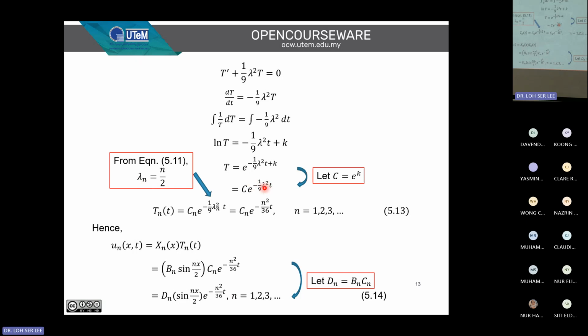So when this is lambda n, c will be cn, t will be tn. So you have tn equals cn, lambda n. Then you substitute your lambda n by n over 2. This is square, right? Lambda square. So when you square this, you have n squared over 4. N squared over 4 times 1 over 9, you have n squared over 36.